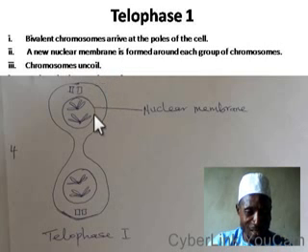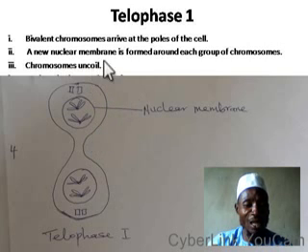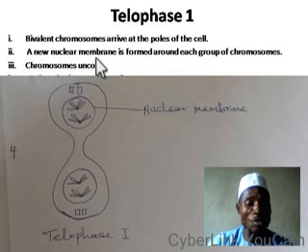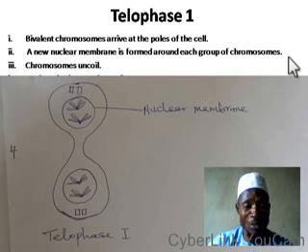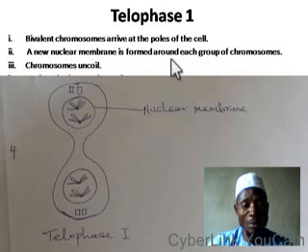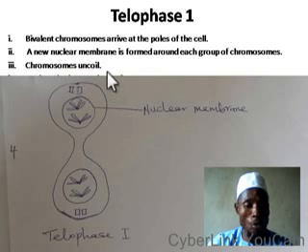Then a new nuclear membrane is formed around each group of chromosomes, and the nucleus also will form. Then the chromosomes uncoil.